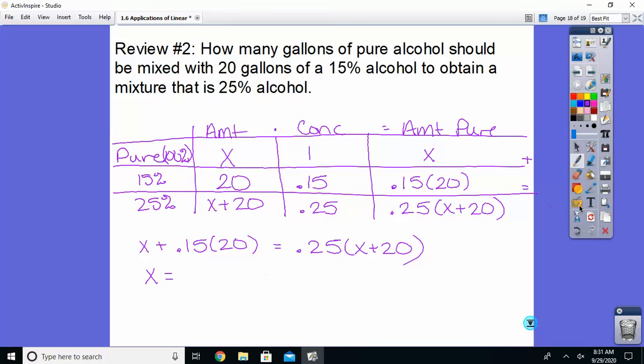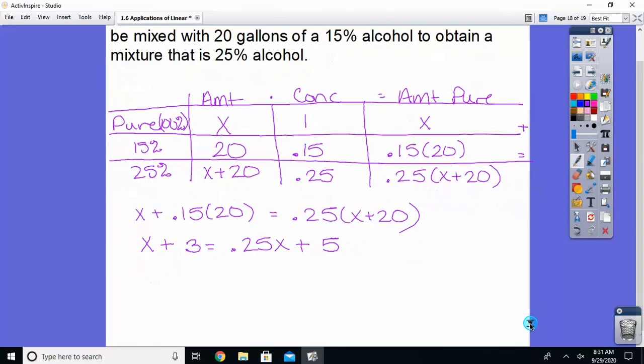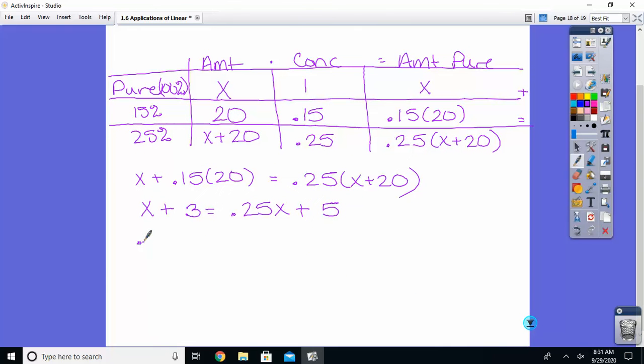Alright, so 0.15 times 20 is 3, equals 0.25 x. 0.25 times 20 is 5. Subtract over my 0.25.